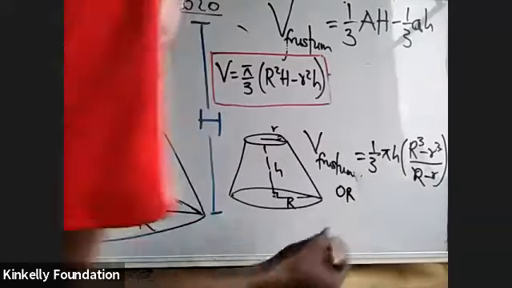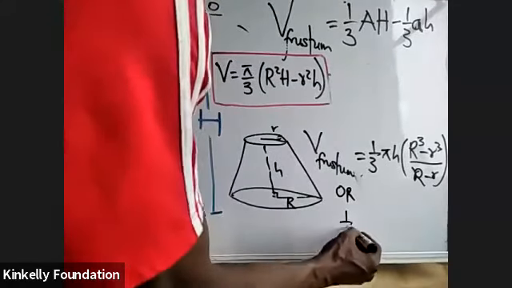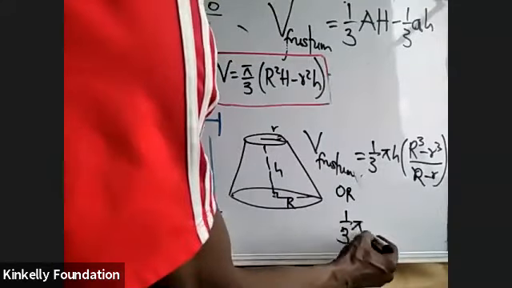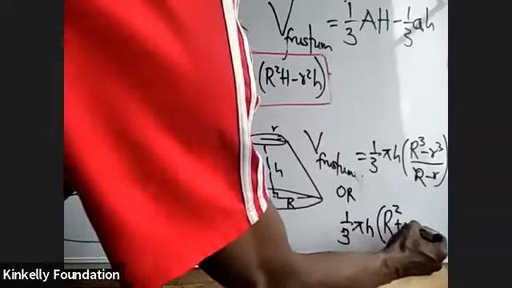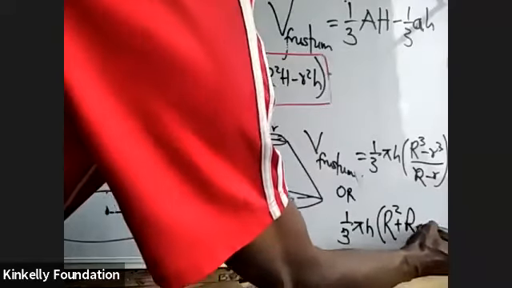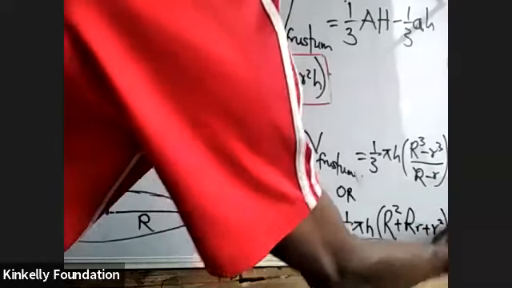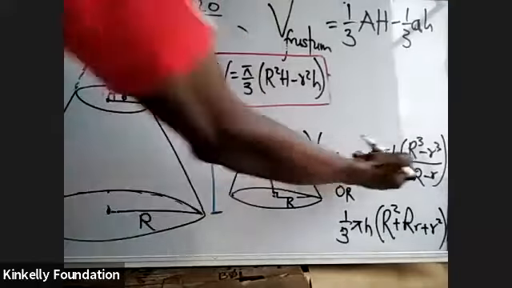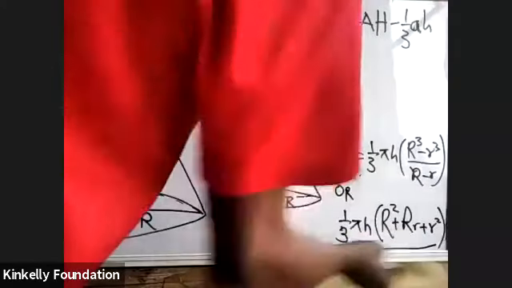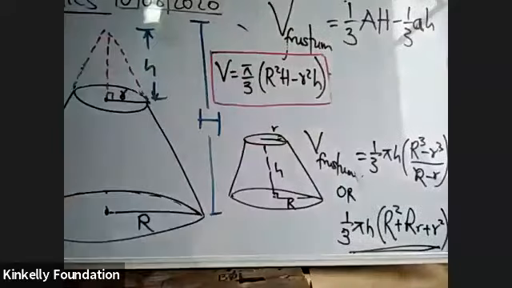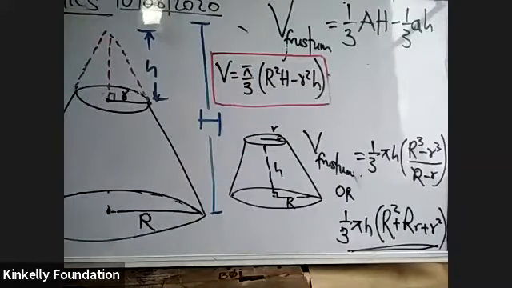Or it can be given as 1/3 pi h, big R squared plus big R small r plus small r squared, when you simplify it. So this is also the volume of the frustum of a cone.